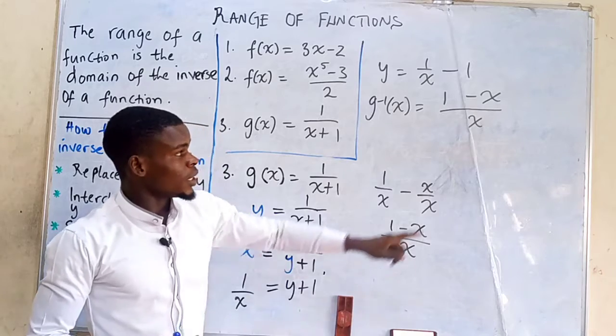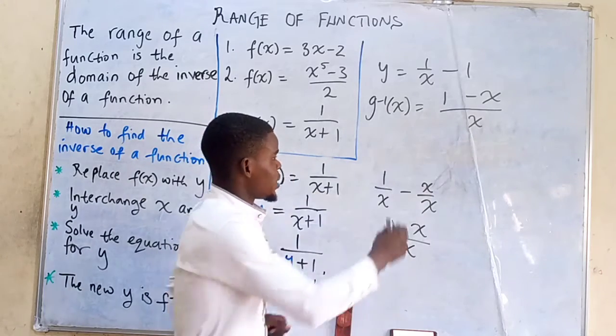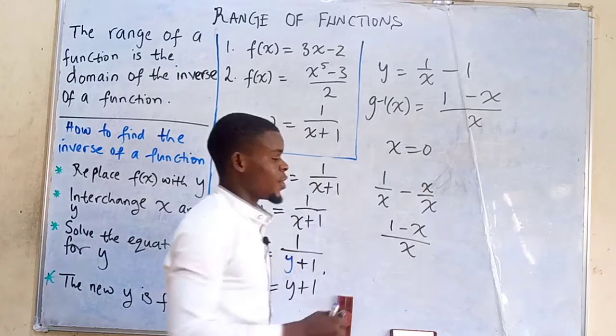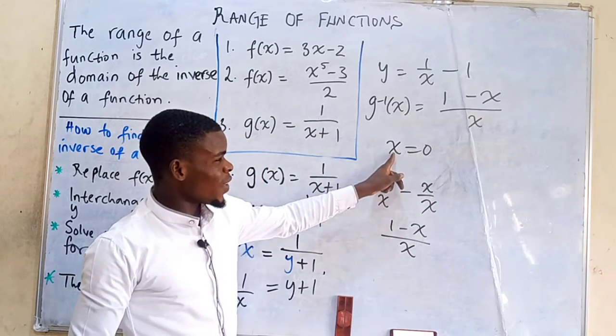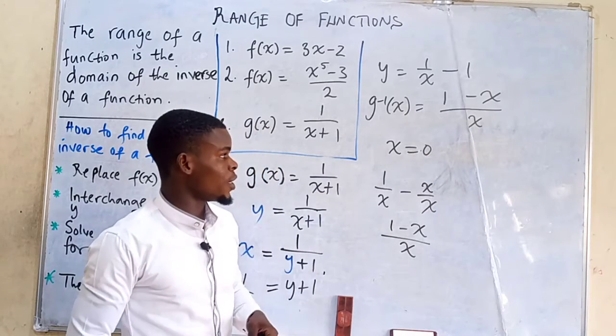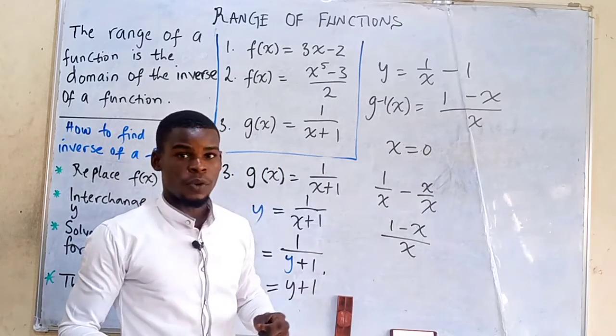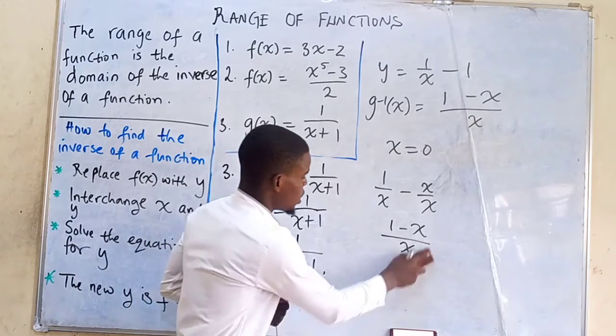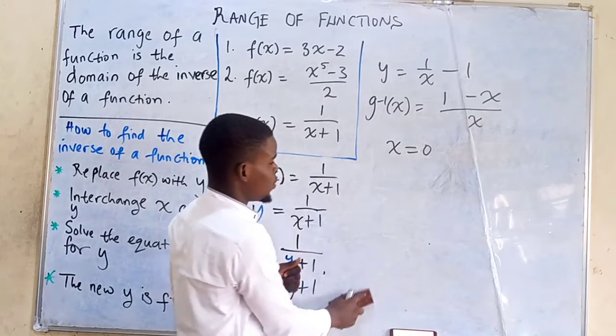Now, this denominator, which is just x, is going to be 0 if x is 0. So we do not want x to be 0. We want every other real number except 0. This is how we put down the domain of g inverse.